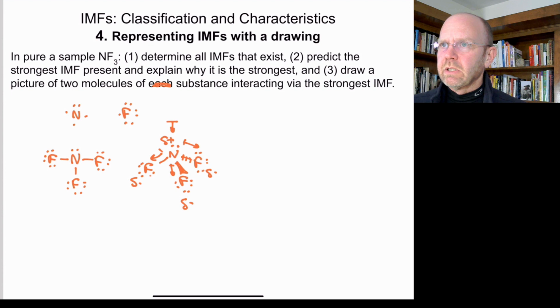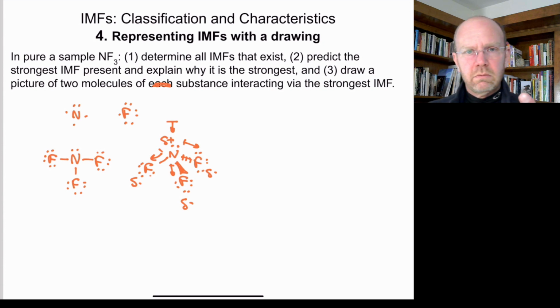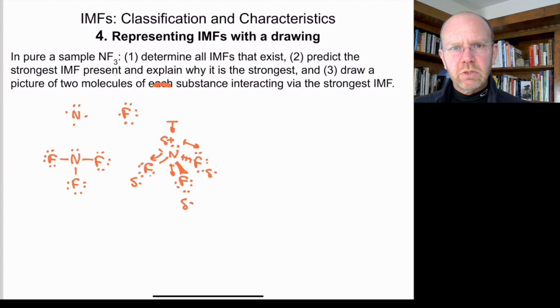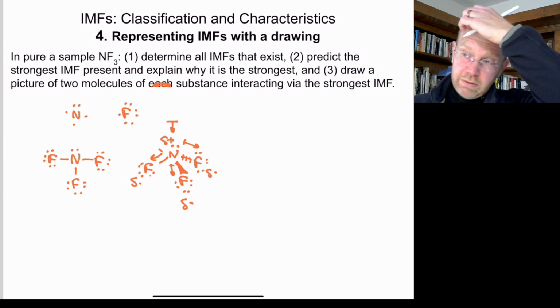Now, we're asked to determine all the intermolecular forces and predict the strongest. Well, I've got a molecule that's polar, so I know I've got dispersion and dipole forces at least. Is it possible to do hydrogen bonds here? Nope, there are no hydrogens. I certainly don't have a hydrogen bound to a nitrogen, oxygen, or fluorine because I have no hydrogens at all.